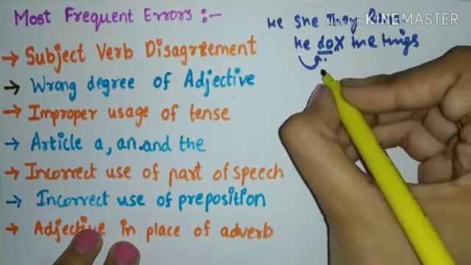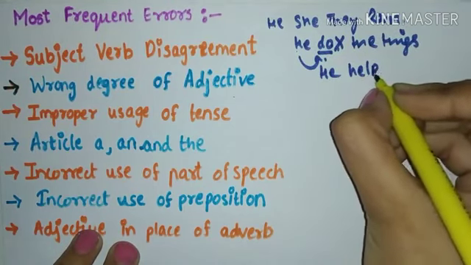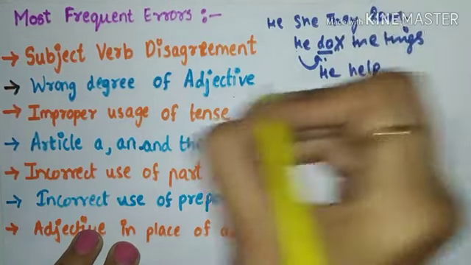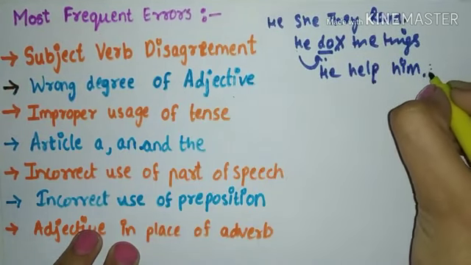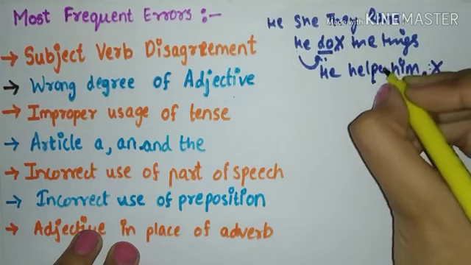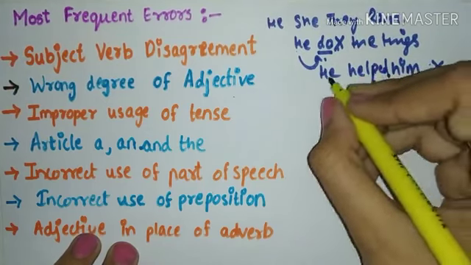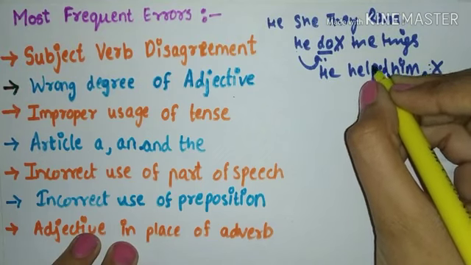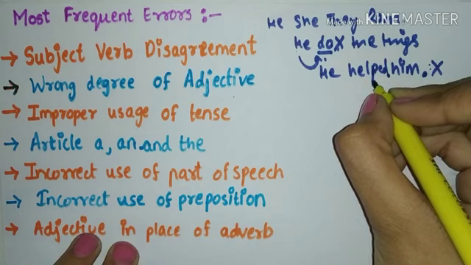Again, like "he help him", this is also incorrect. It should be either "he helped him" or "he helps him", because he is singular and help usually comes with the plural one. So in this case it is the incorrect option.